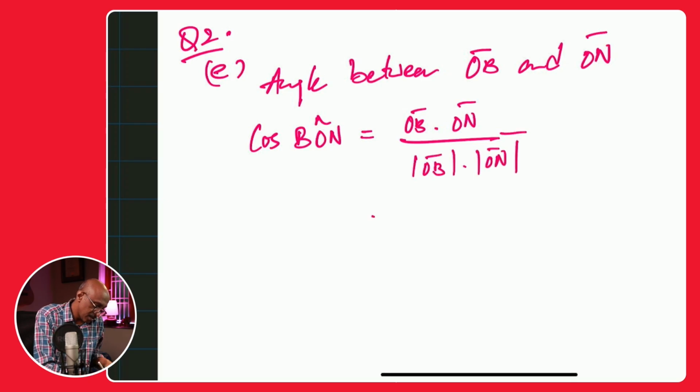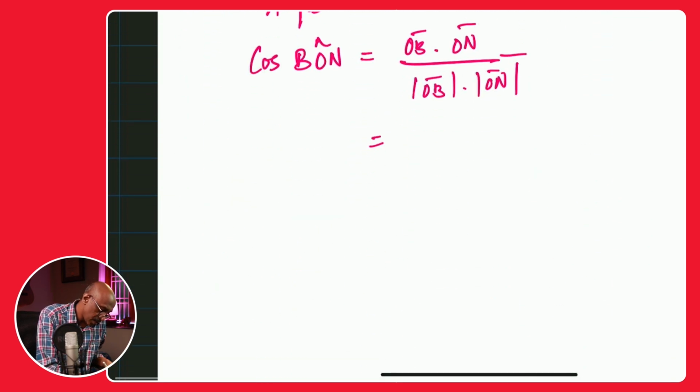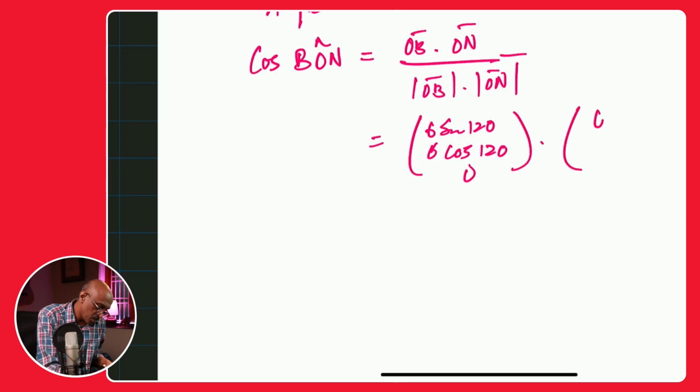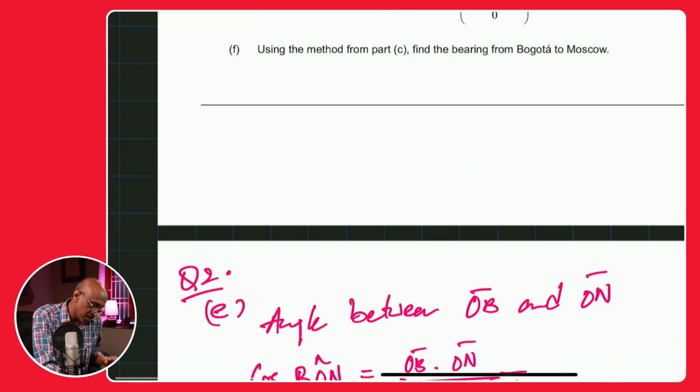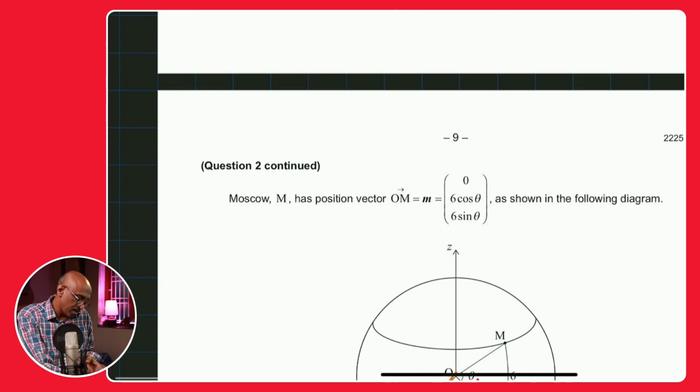And here we can substitute the values. OB bar is 6 sine 120 degrees, 6 cosine 120, and 0. And ON bar is 0, 6, 0. Let me just double check that quickly.